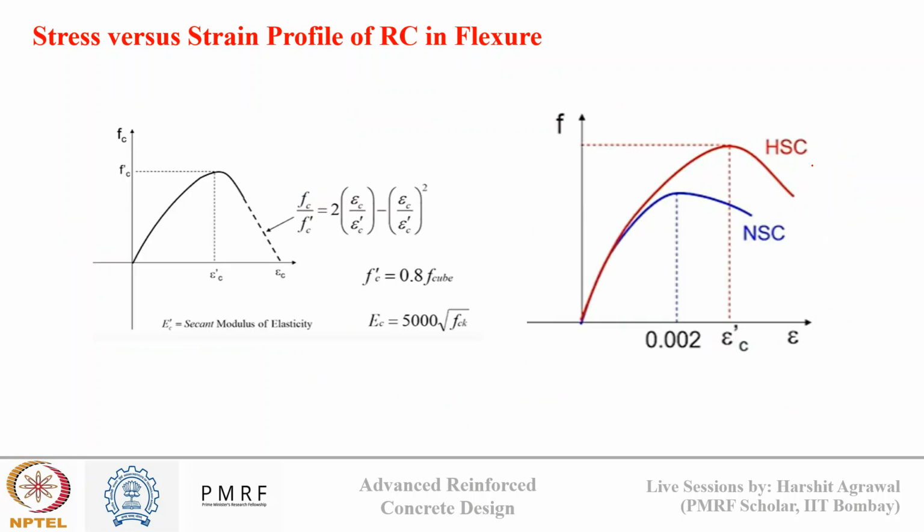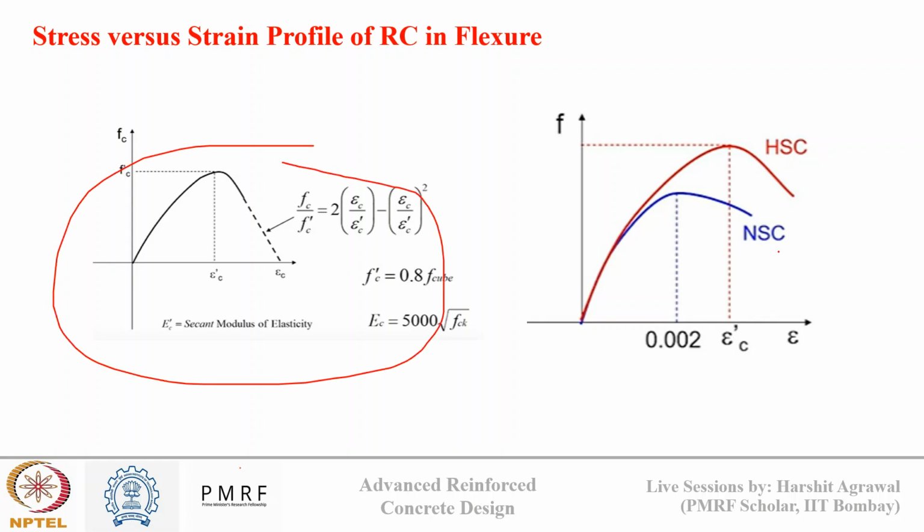For a cylindrical sample, experimentally, we know that in compression, the stress versus strain profile will look something like this. And for this, we saw Hognestad and Thorenfeld's relationships to express this profile mathematically.